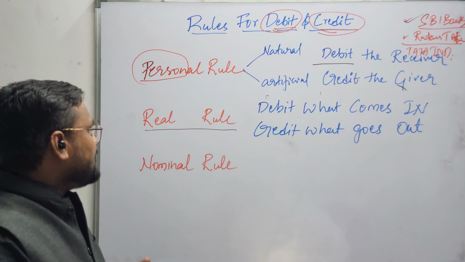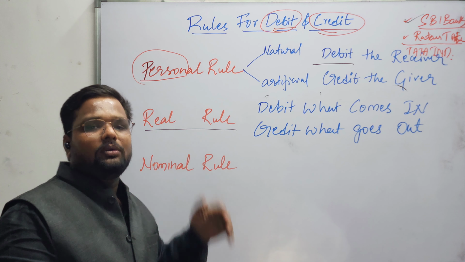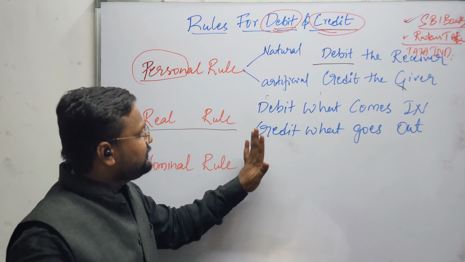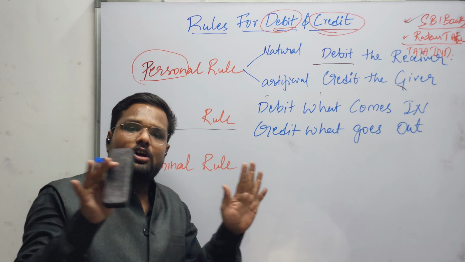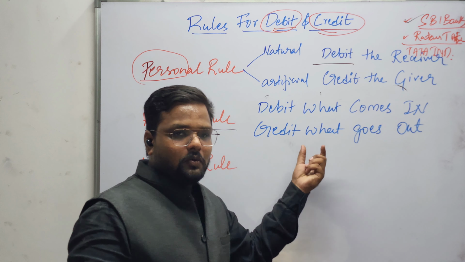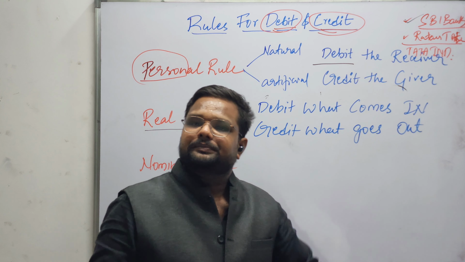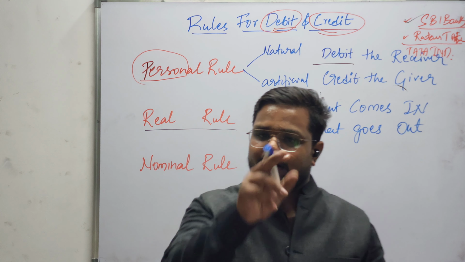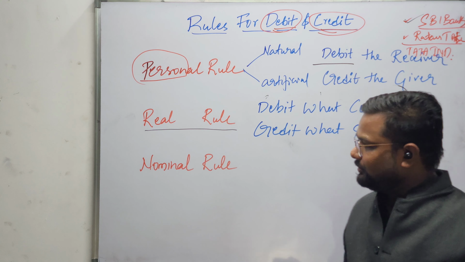Very simple. Actually, my favorite rule is the real rule. In this, we need not break our head. Simple. What comes in, what goes out. Very simple. So we will try to understand this with an example.